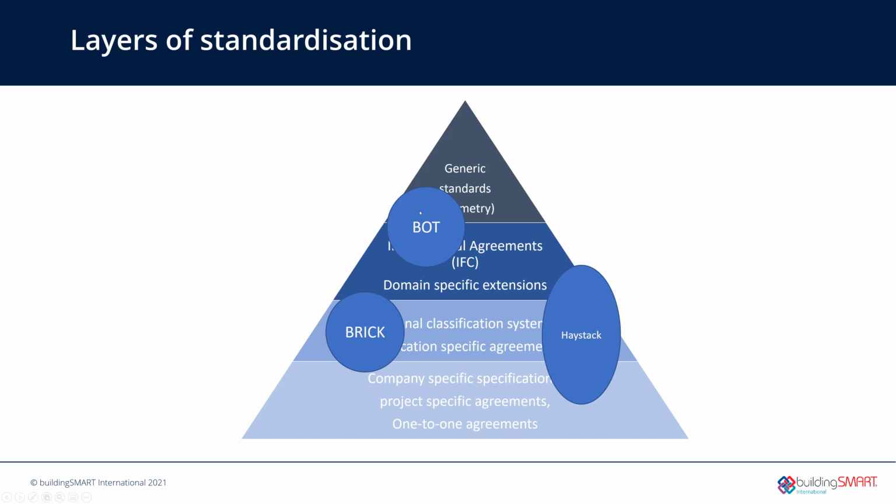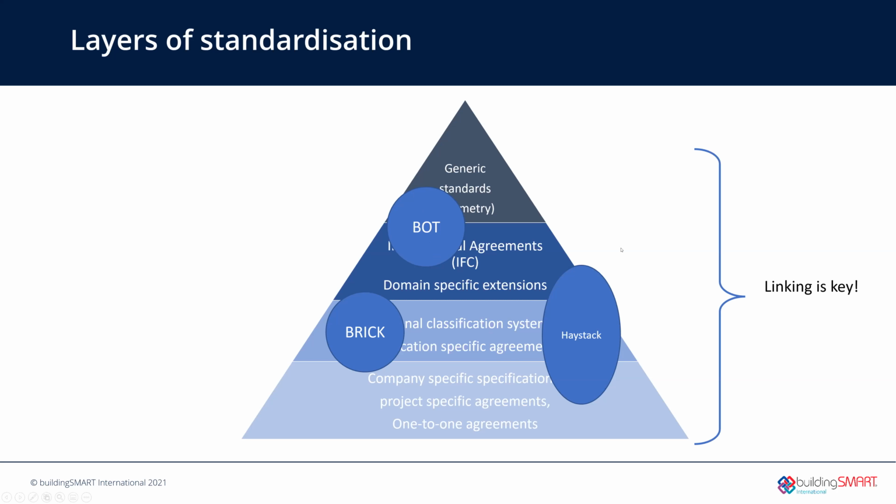I think BOT is a bit more generic, even, because it reuses existing resources like strings and URI references, but it doesn't go as deep with all of the detailed classes and properties. HVAC, again, arbitrary, could be higher, could be lower as well. But just to give you an impression that there are a lot of different domain-specific agreements, and a lot of generic agreements.